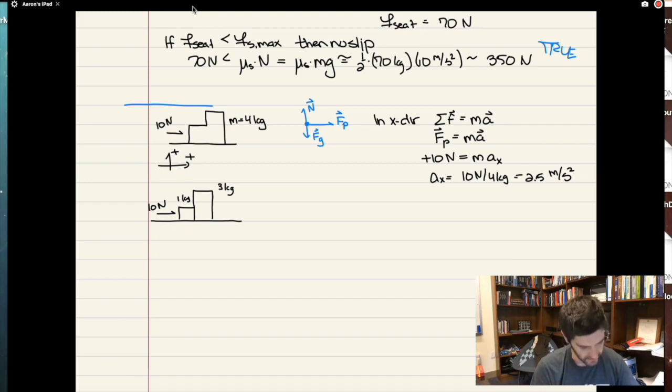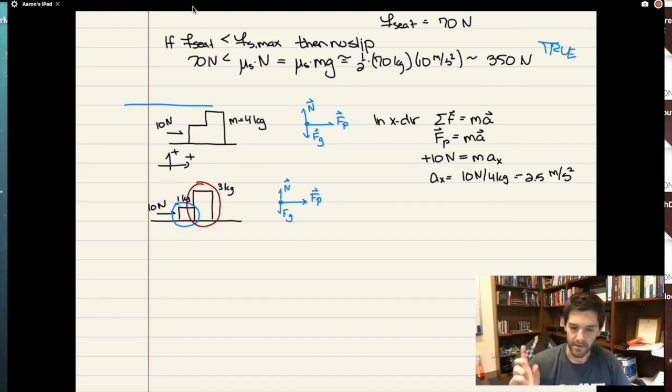System 1 is this little block, and system 2 is this big block. For the little block, there's a push, the force of the push. It's of course touching the ground, and there's a surface force, which again I'm not going to care about for this problem.